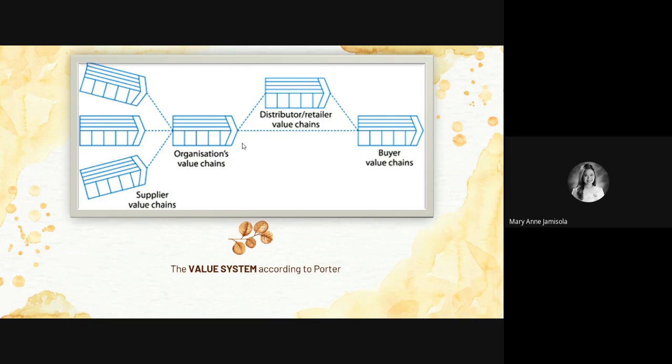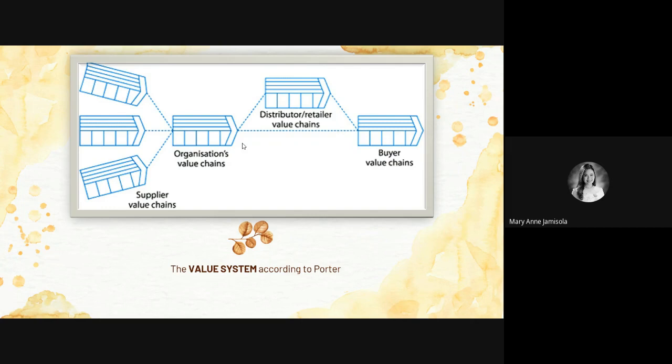In addition, many products pass through distribution channels on their way to the customer. The value chains of these channels perform additional activities that affect the customer as well as influence the company's own activities.